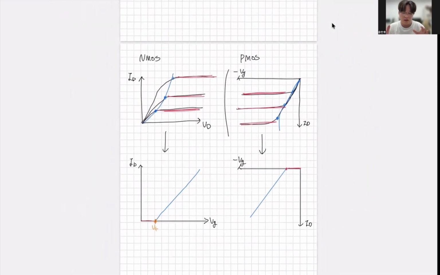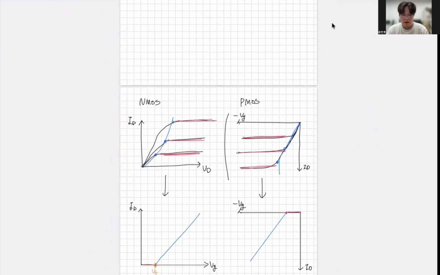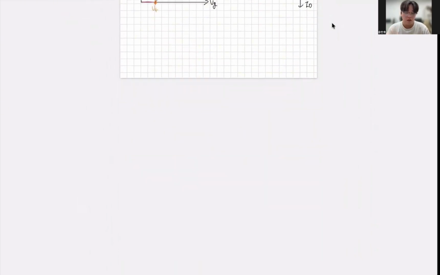Okay, this is the ID-VD graph in NMOS and PMOS, and the ID-VG graph in NMOS and PMOS. Okay, next is the carrier transport in MOSFET.